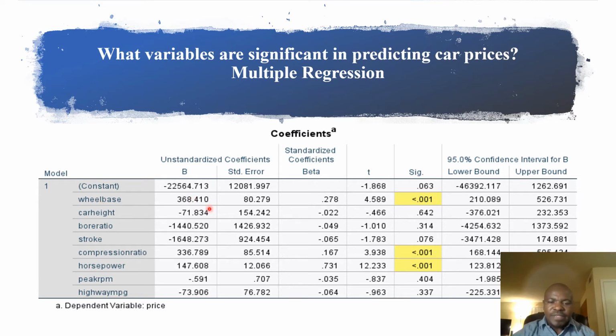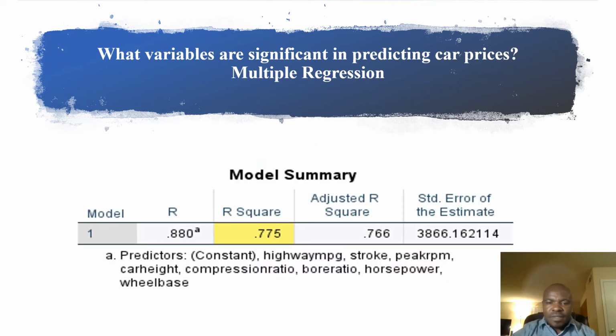We have the wheelbase, the compression ratio, and the horsepower. These variables were significant at 0.05 alpha. Then the R square for the regression model was 0.775. So we can say that the model accounts for 77.5% of the variation in car prices.